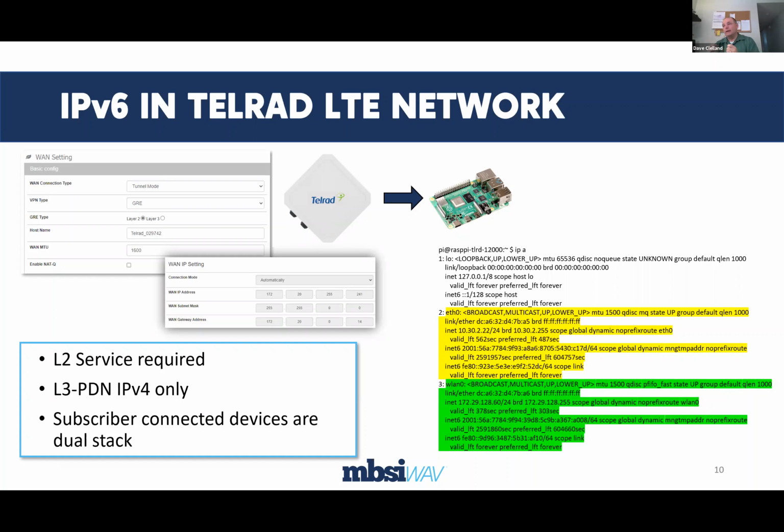And when I plug my Raspberry Pi into my Telrad CPE, the addresses that I get given are highlighted in yellow there, so we can see Ethernet 0. And you see that I have a 10.30.2.22 IP version 4 address, which I've got a DHCP server configured on that same VLAN, that layer 2 PDN VLAN.